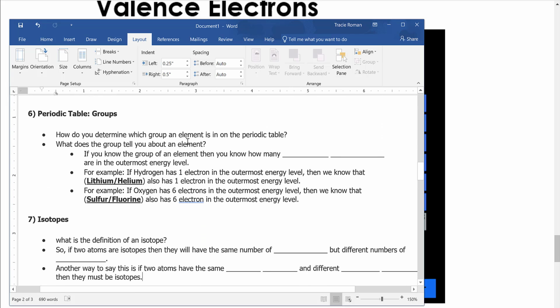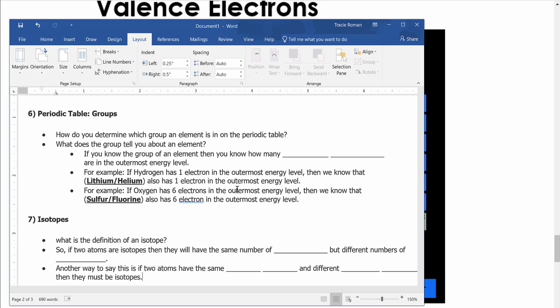How do you determine which group an element is in on the periodic table? You look to see what column it's in. And what does the group tell you about an element? If you know the group of an element, then you know how many valence electrons are in the outermost level.